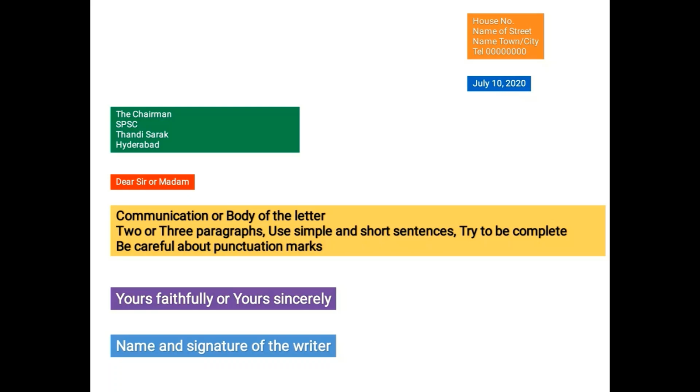Viewers, just below the subscription or leave taking, you have to put the name and the signature. It means the name and signature of the person who is sending the letter. There you have to put the name, then the signature.